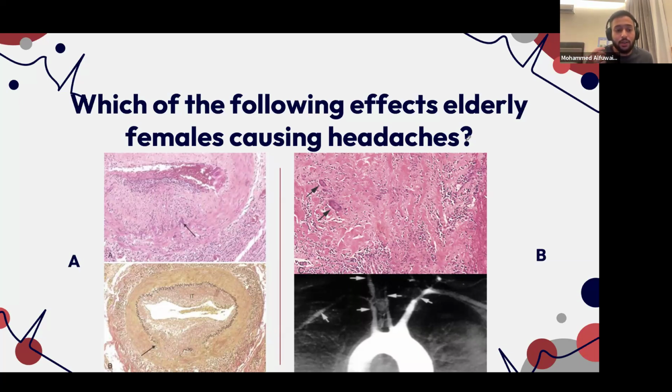Number two is how can you identify it histologically? Give me the feature that you can see here. From the name of the disease, what can you see here? Giant cell. Excellent. Now, the other entity over here also has giant cell. So what other thing can you see that differentiates it? This was shown over here. Fragmentation of the elastic lamina.